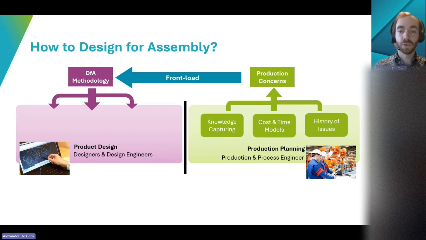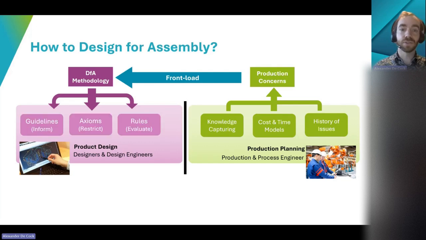When all these concerns are properly formalized, we can bring them to the designers, and there are different options to do this. The 3 main methods to bring this knowledge to the designers is either through guidelines, which inform the designer before they start designing, axioms, which restrict the designer during the design so that they can only design products that are assemblable or manufacturable, or through rules that evaluate the designs during different gates in the design process.